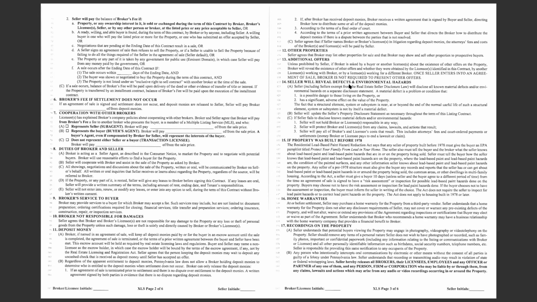If any leases are oral, which is legal in Pennsylvania up to 3 years as a term, seller will provide a written summary of the terms, including amounts of rent, ending date, and tenant's responsibilities. Seller will not enter into or renew or modify any leases or enter into any option to sell during the term of this contract without broker's written consent.